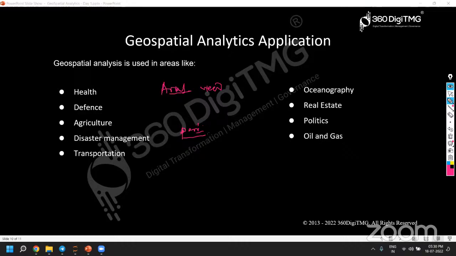This actually gave a whole new perception and a lot of scope for geospatial analytics. This is called an aerial view or a bird's eye view. This was in the 1850s, and slowly the development took off, and around the 1920s, a lot of aerial interpretation and aerial photography started.